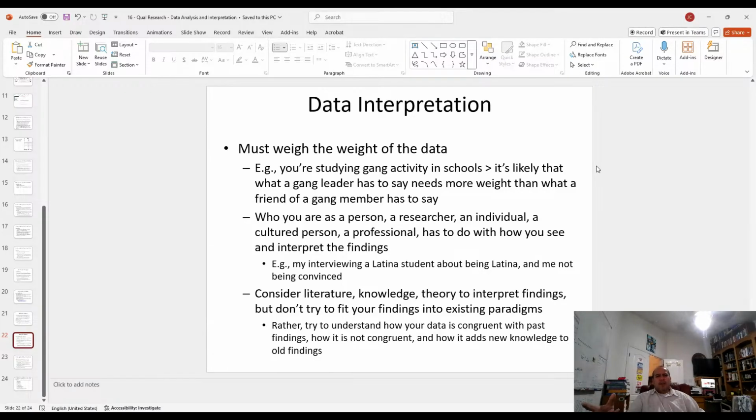Just because you have a theory or literature themes, maybe all of the data that you have doesn't fit so nicely into that. Well, that's something you also have to say. You have to say how your findings fit what we already know, and how you add new knowledge, or maybe challenge the existing knowledge, right?